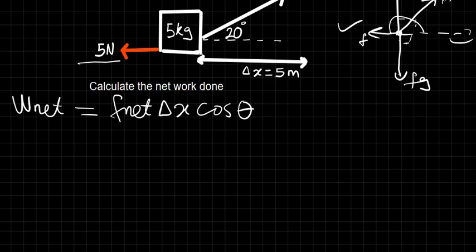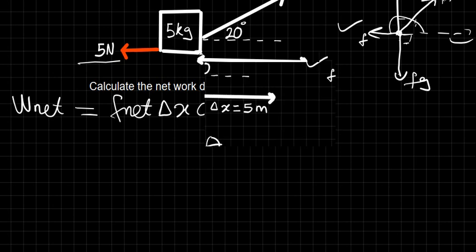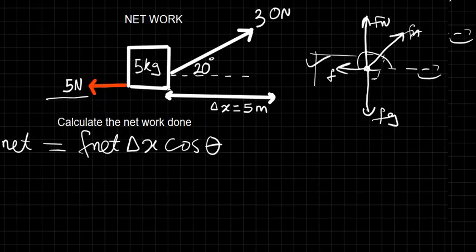Now, if I say the F net, we're talking about the horizontal. On this object, the normal force and the gravity do no work. So to calculate the F net, we consider the force in the horizontal direction.